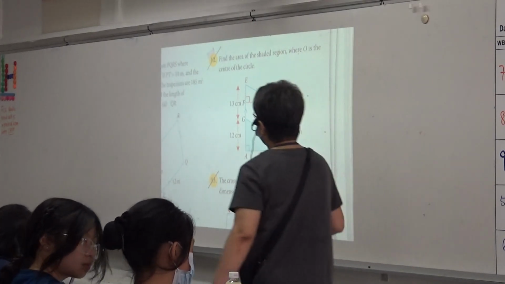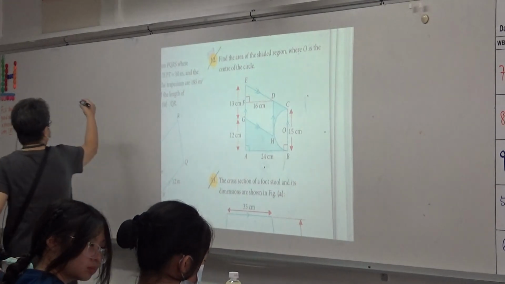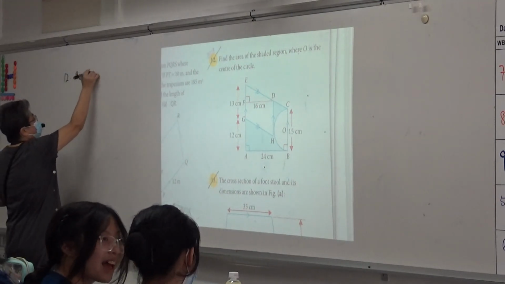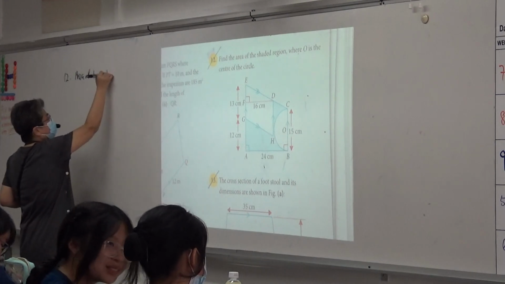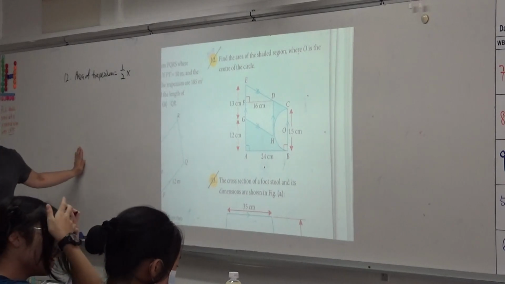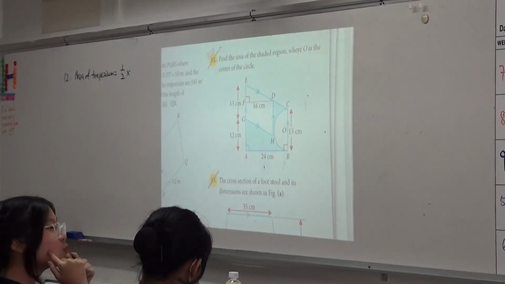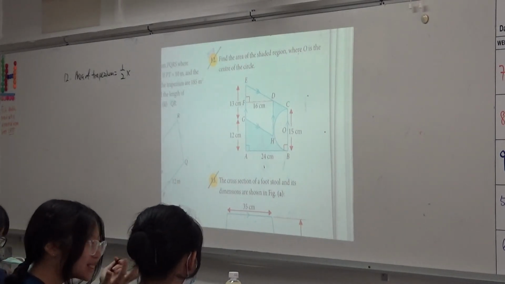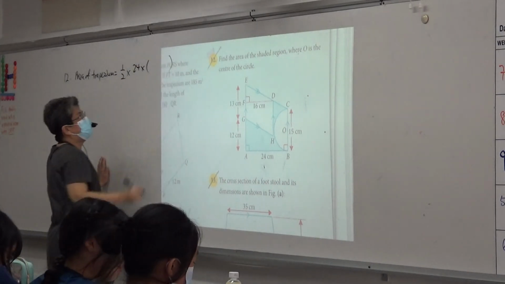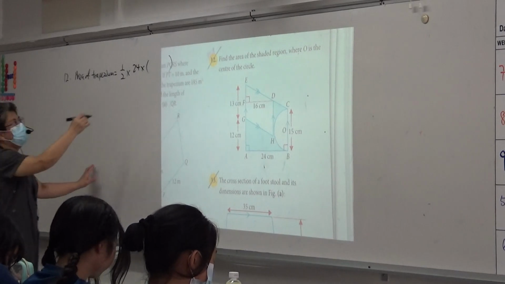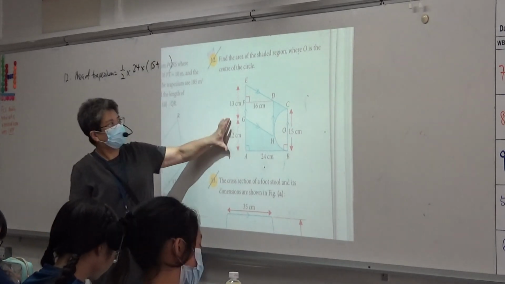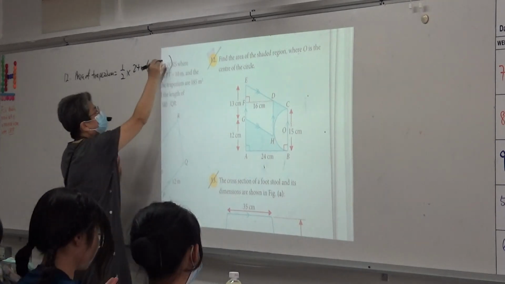Okay. Area of trapezium. I want to know what's the height of the trapezium. 24. Very good. What about the parallel sides? 15 plus 12 only. 25, right?